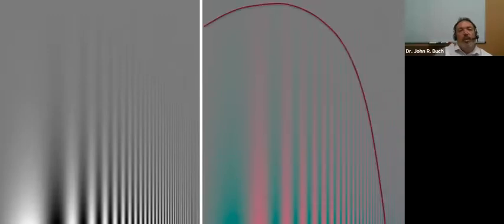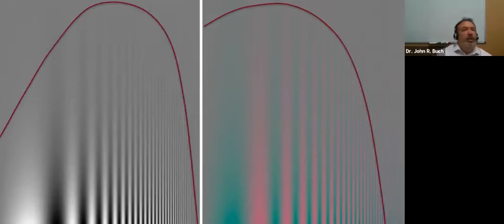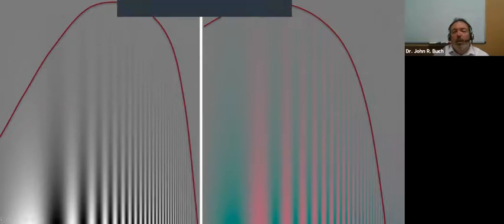If we draw the contrast sensitivity function on both of these, on the chromatic contrast sensitivity function we are showing more low spatial frequencies captured by the chromatic gratings than we do with the achromatic gratings.